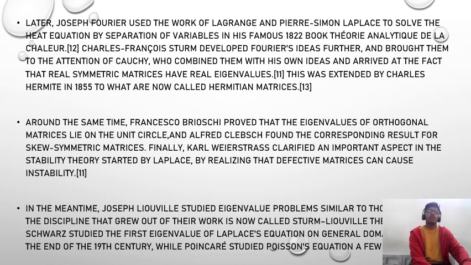Sturm developed Fourier's ideas further and brought them to the attention of Cauchy, who combined them with his own ideas and arrived at the fact that real symmetric matrices have real eigenvalues. This was extended by Charles Hermite in 1855 to what are now called Hermitian matrices.